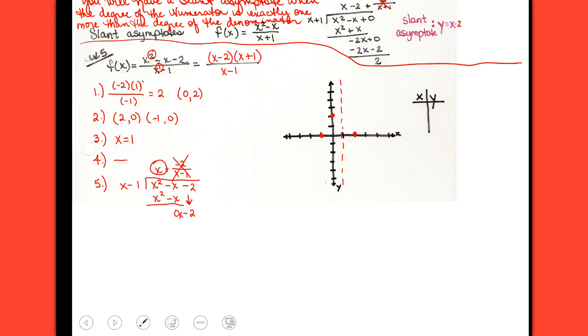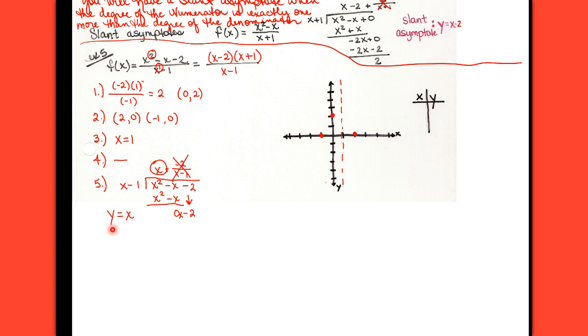So the way that I find that is I literally divide. So again, I wouldn't have to do polynomial long division here. I definitely could do synthetic division and get the same thing. And my answer for my slant asymptote is going to be the answer that I get when I divide, ignoring the remainder.